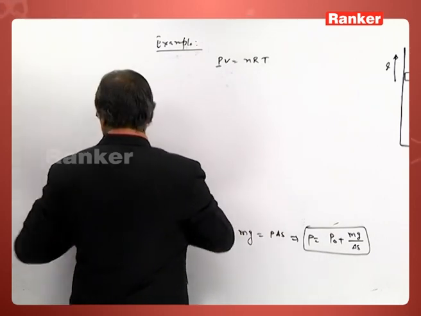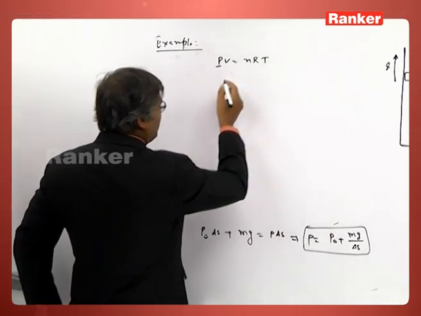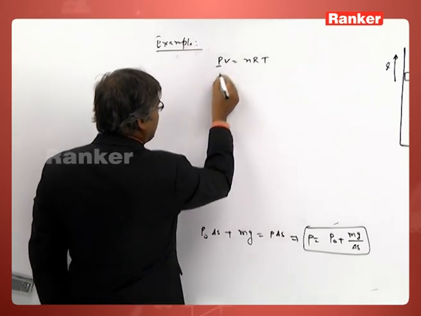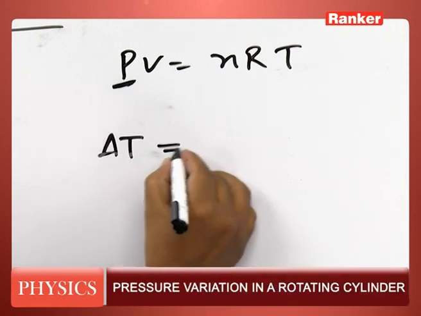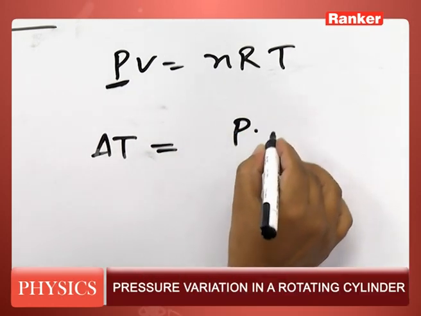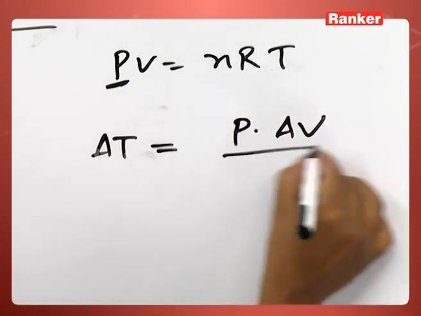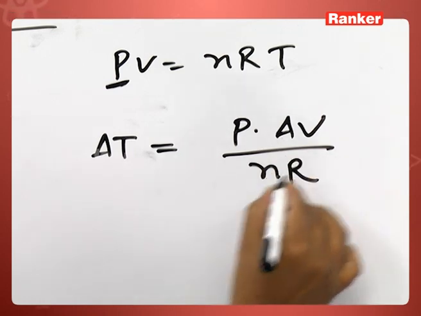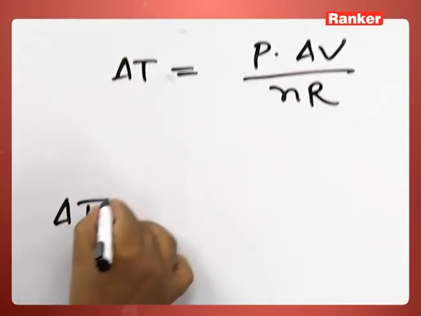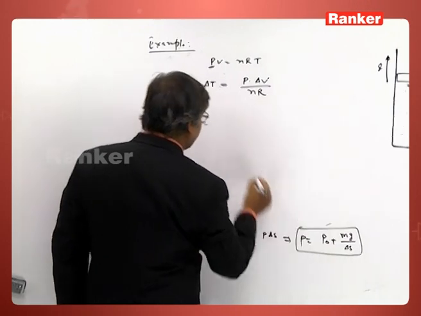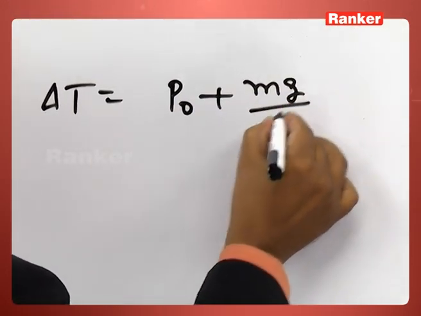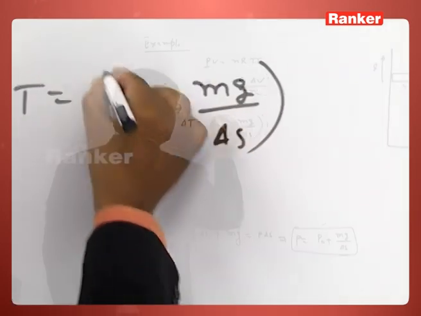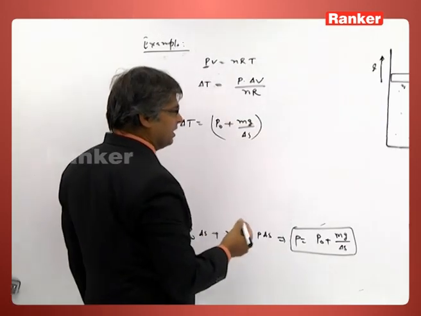So what we will do now? P is constant, and we require delta T, which is equal to P into delta V by number of moles into R. P we will put from here, that is P naught plus mg by delta S, into delta V, the change in volume.